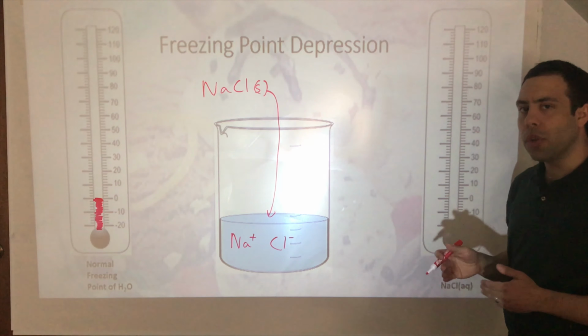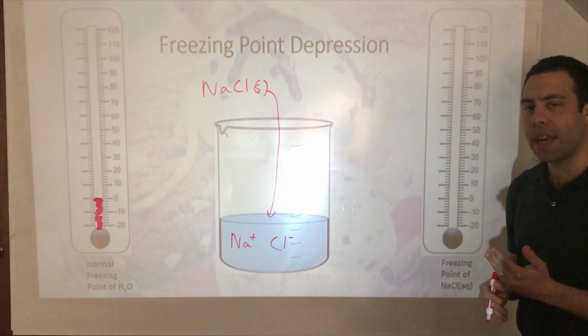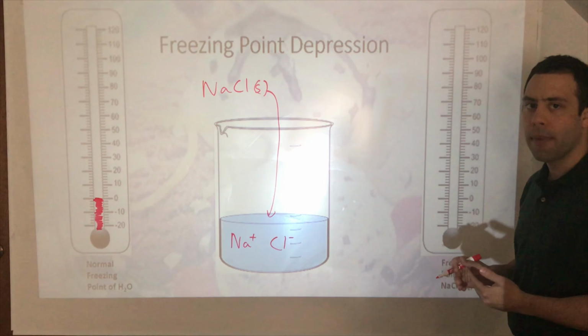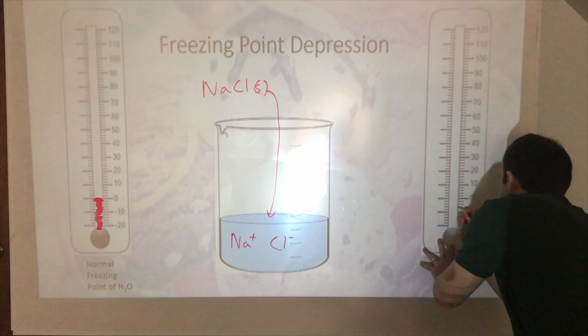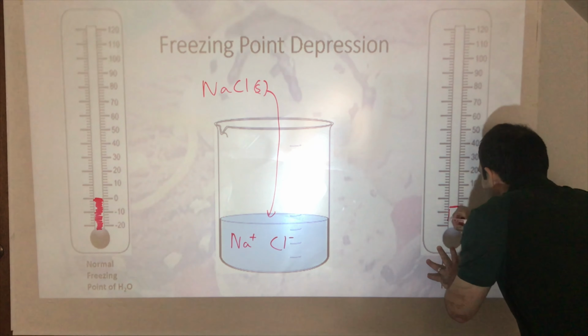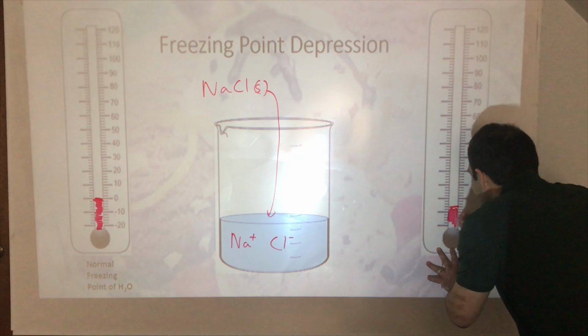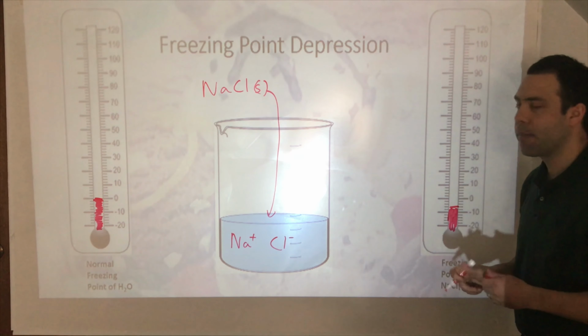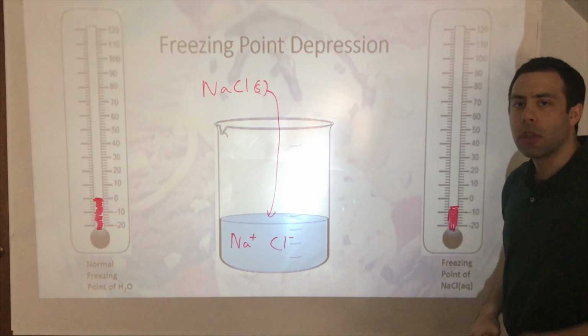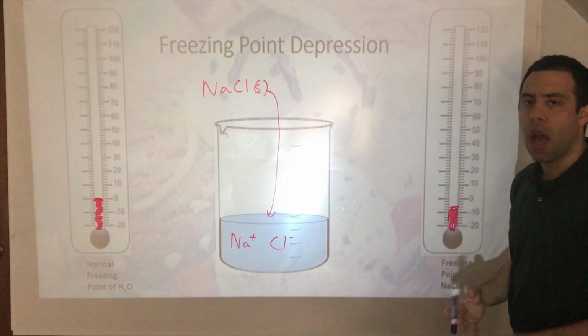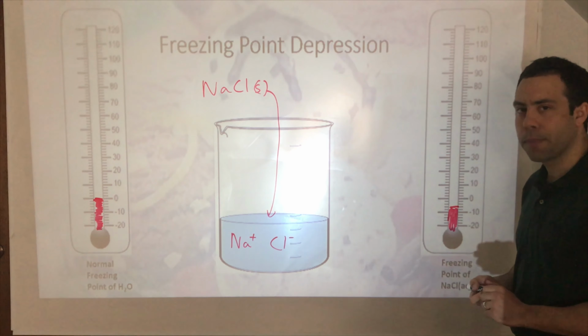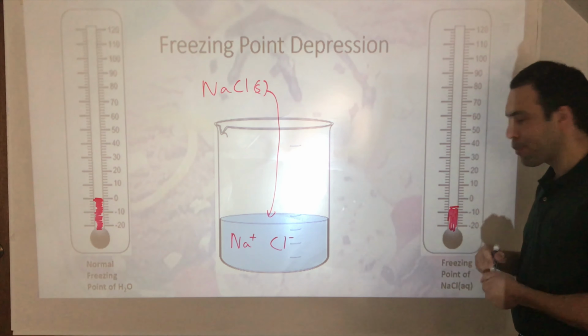In fact, adding only a 10% solution of NaCl would cause the freezing point of water to be negative 6 degrees Celsius. So 6 degrees Celsius lower than the normal freezing point of 0 degrees Celsius. Why is that important?